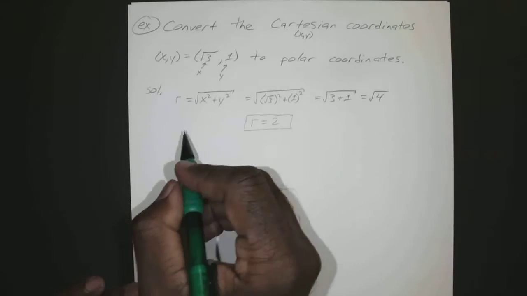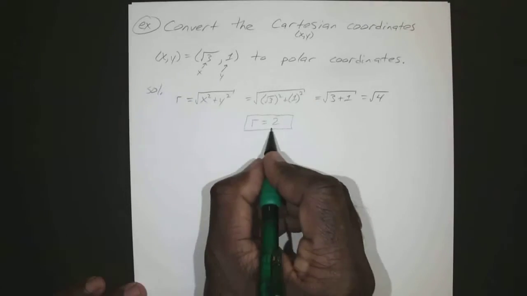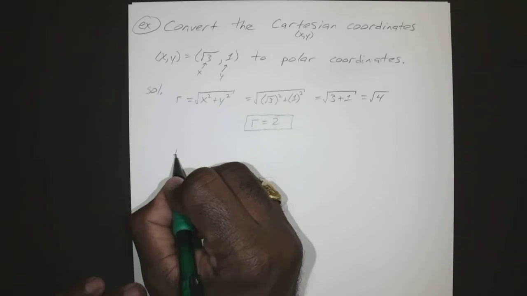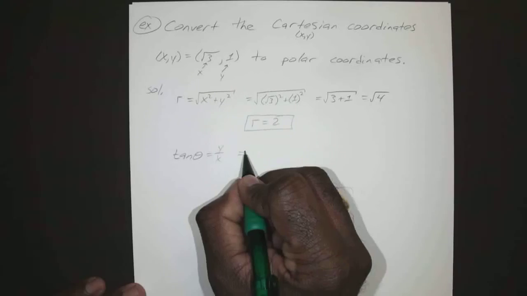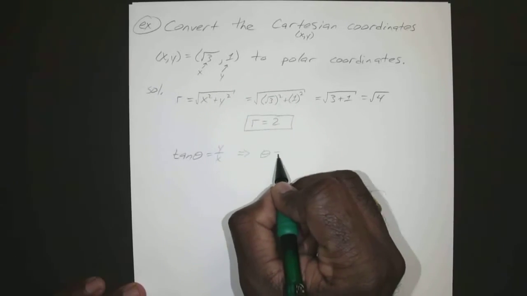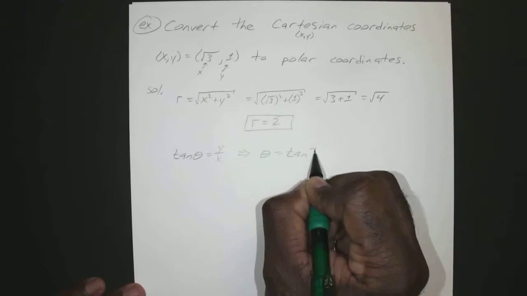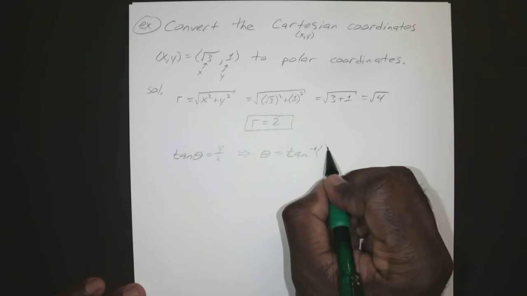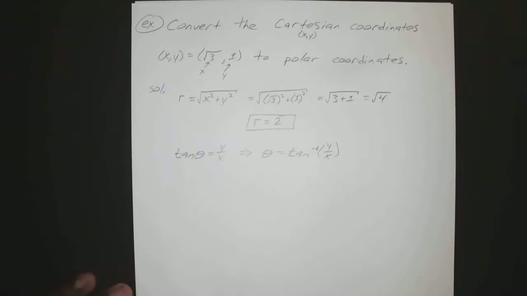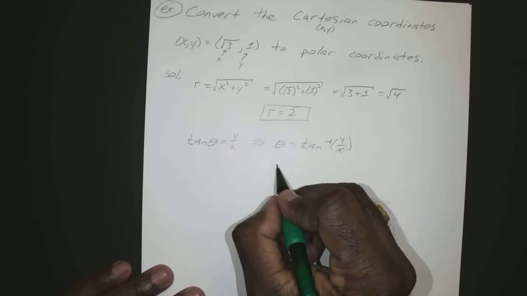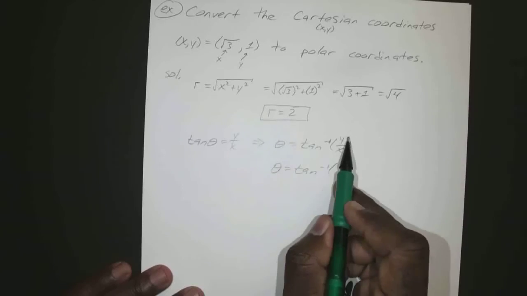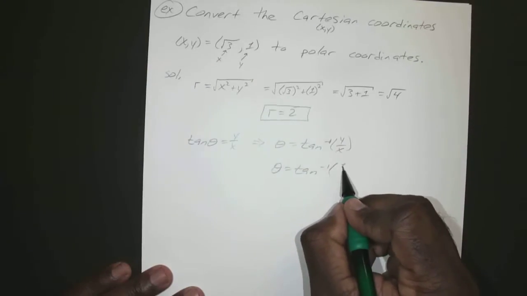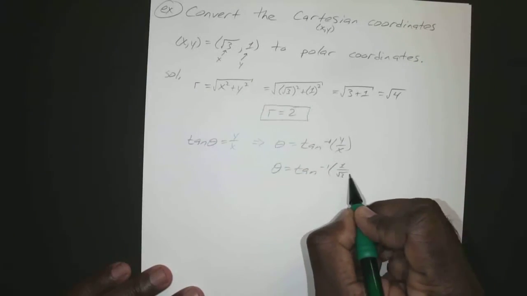All right, so now we just have to find our theta. We know tangent of theta is y over x, which means that theta is tangent inverse of y over x. Okay, so theta is the tangent inverse of y, which is 1, over x, which is square root of 3.